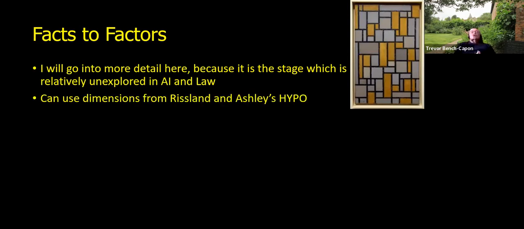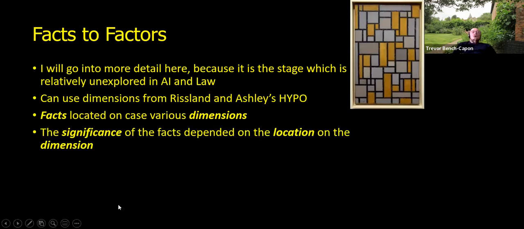And I will take as my starting point the notions introduced in Rissland and Ashley's hypothesis. And their idea was that they take the case on various dimensions. Dimensions are those aspects of a case which are relevant because they might provide reason.